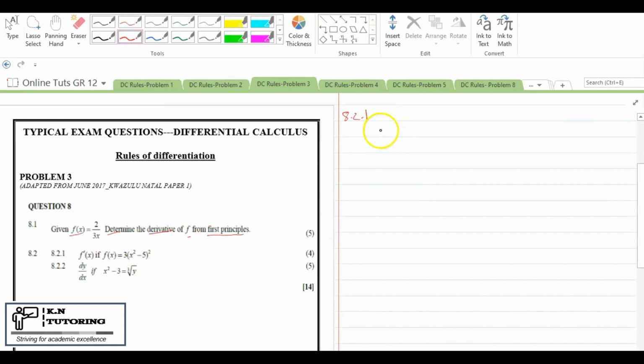So we are given f of x is equal to 3 into x squared minus 5, squared.